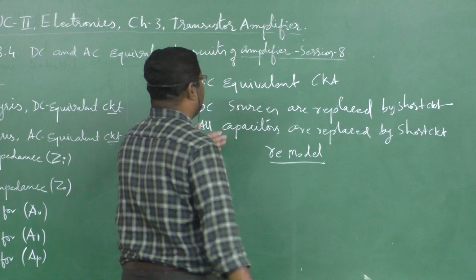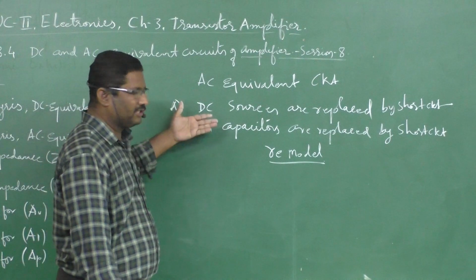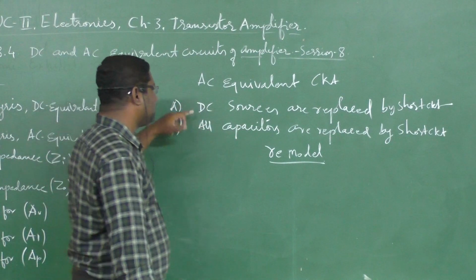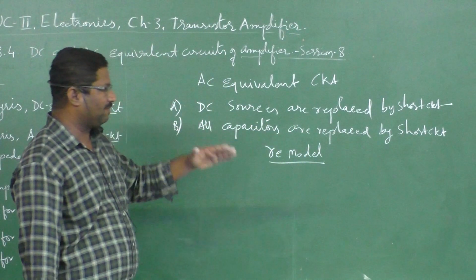Okay, so the AC equivalent circuit can be written by following these two steps. Number one is that DC sources are replaced by short circuit, and all capacitors are replaced by short circuit.